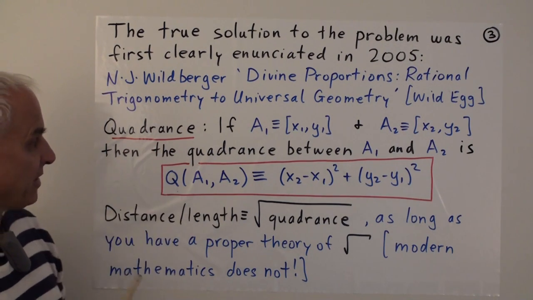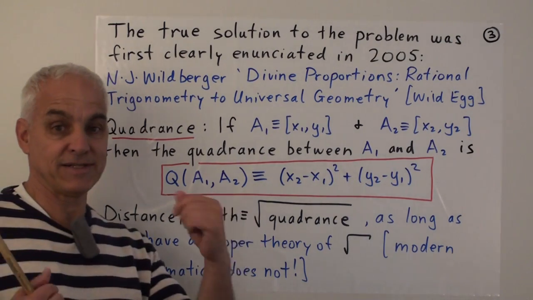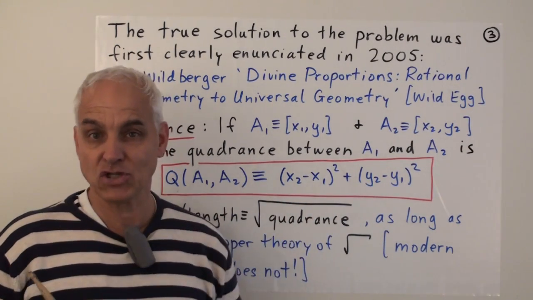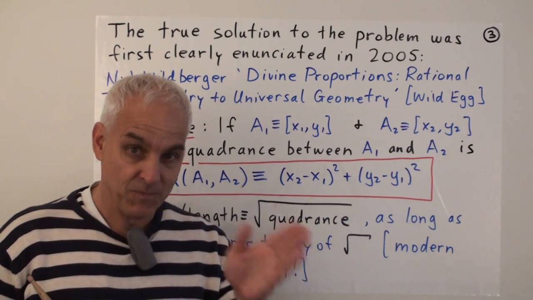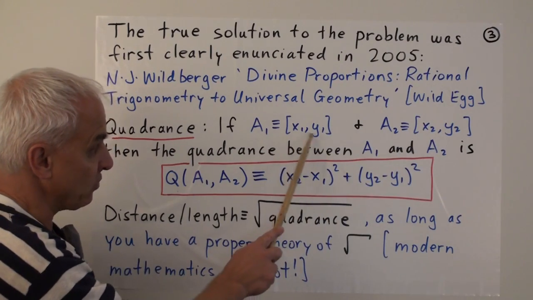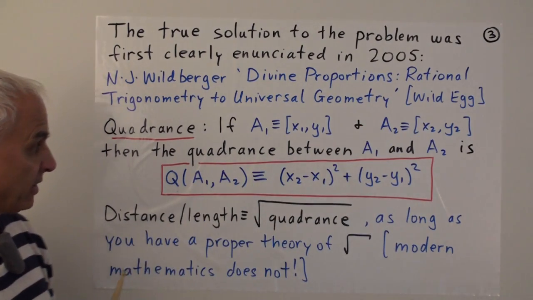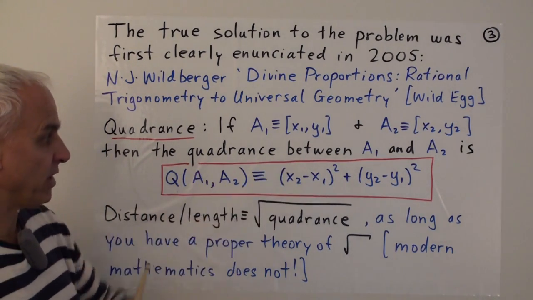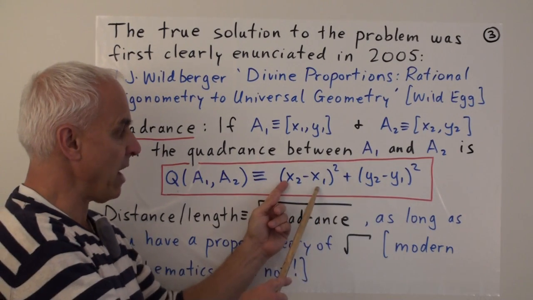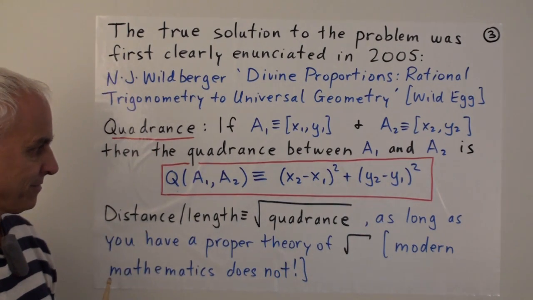The key idea that we're going to need is the idea of quadrance, a way of measuring the separation between 2 points, which in fact really goes back more to the orientation of the ancient Greeks, to Pythagoras and to Euclid. If we have 2 points in the plane with coordinates, say x1, y1 and x2, y2, and the points' names are capital A1 and capital A2, then we can define the quadrance between A1 and A2 to be this number: x2 minus x1 squared plus y2 minus y1 squared.